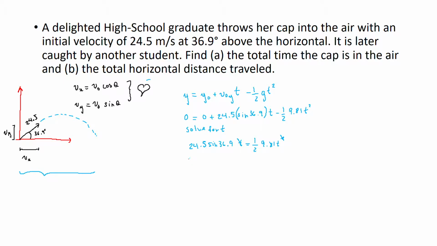I'm gonna be left with 24.5 sine of 36.9 over a half of 9.81, and that's gonna be t. And if you solve that in your calculator, you're gonna get 2.99 seconds. Okay, so that's our first answer.